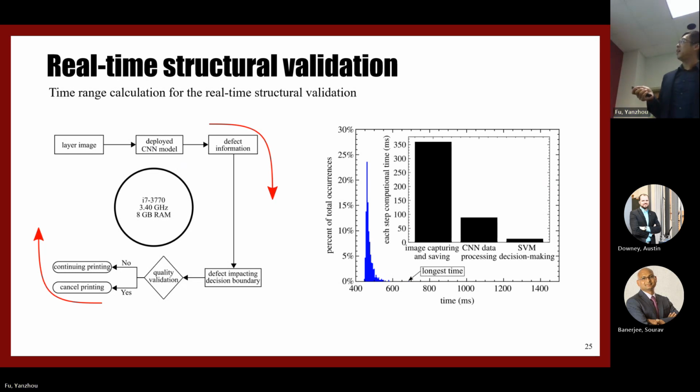You can also notice that the image capturing and the sieving take most of the time, while the data processing, meaning the defect prediction and the SVM decision making, takes less of the time. As 1 layer of printing needs 70 seconds, our proposed structural validation system is fast enough to achieve real-time structural validation.